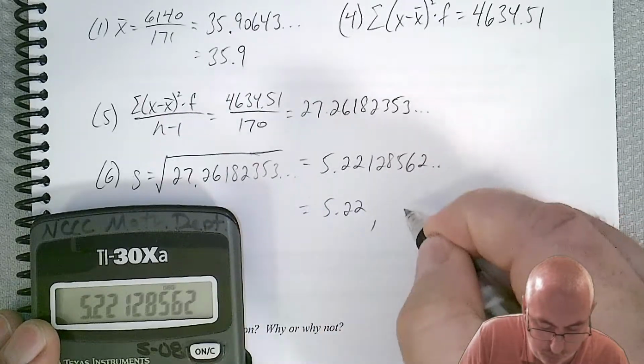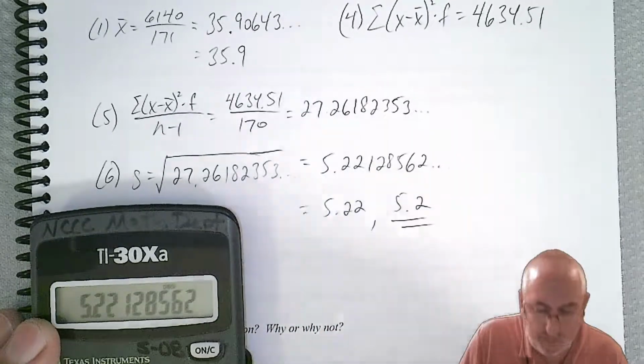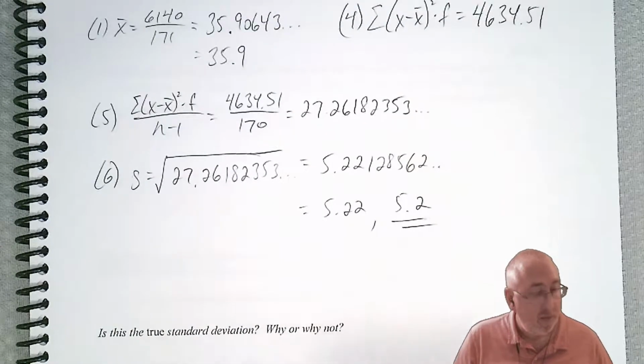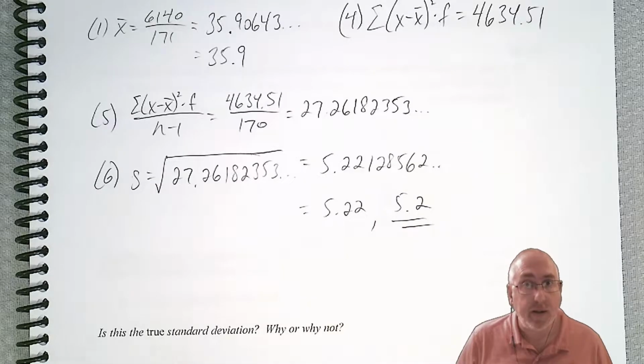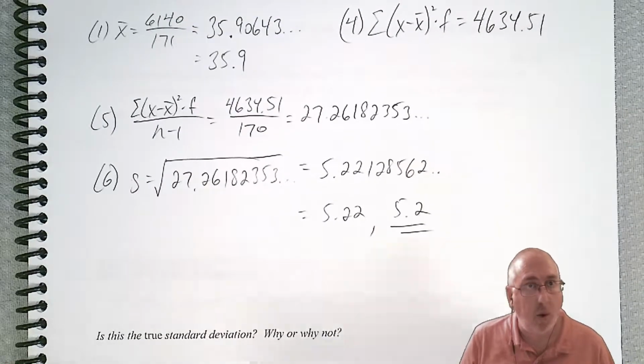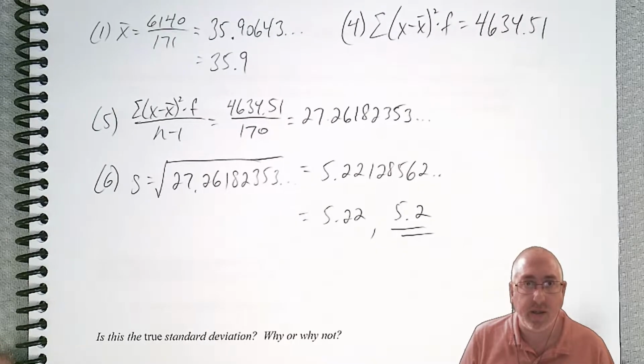So 5.22, but 5.2 works just as well. Again, 1 decimal place for whole number data is all you really need. All right, but follow what the rules say. Follow what the directions say.